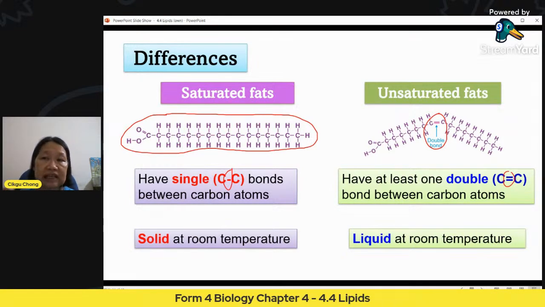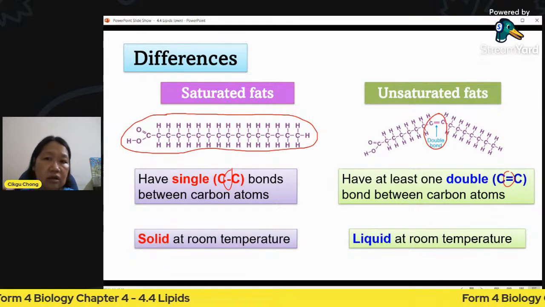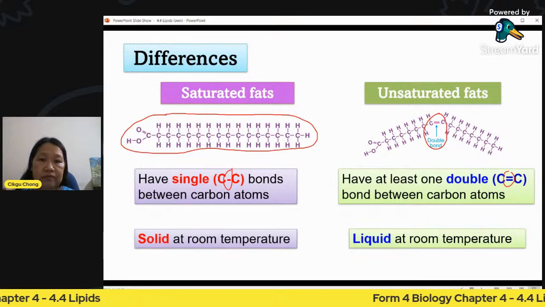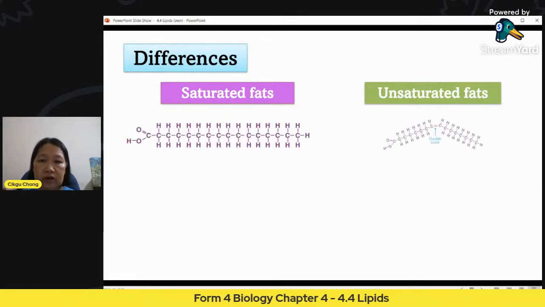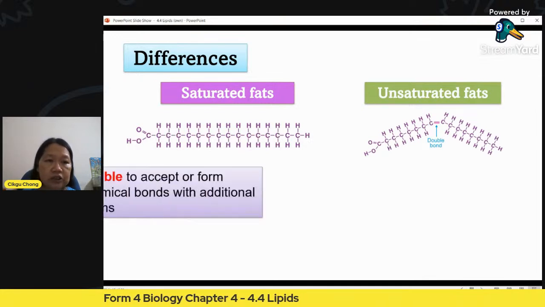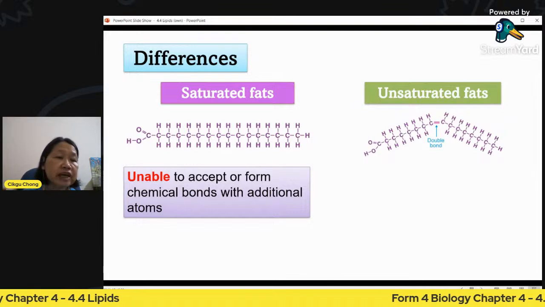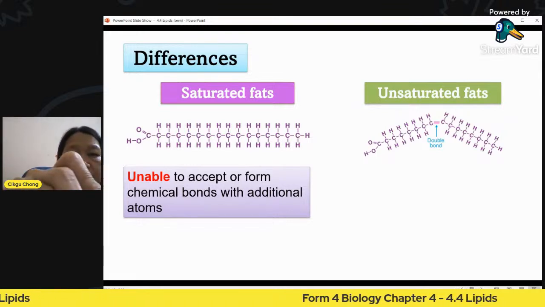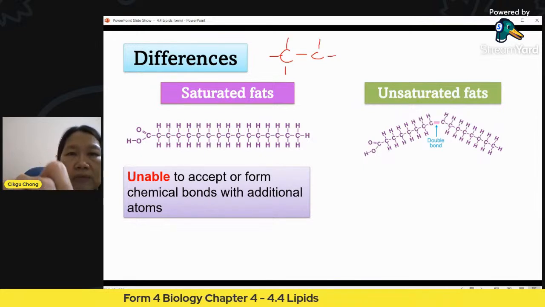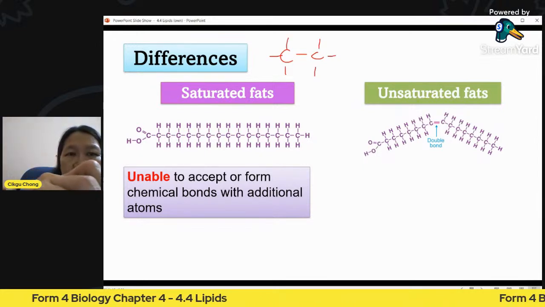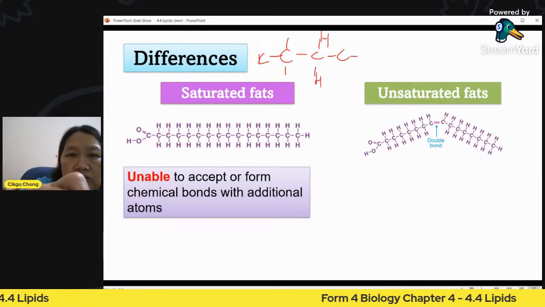So usually you see all the examples of oils, vegetable oils, and all that. They contain a lot of unsaturated fat. Some more differences. Again, the molecule, I showed you the fatty acid, right? Saturated fats are unable to accept or form chemical bonds with additional atoms. Because the carbons are all bound up already, there are maximum 4 bonds. Here you have carbon, carbon, and hydrogen, and so on continuously.